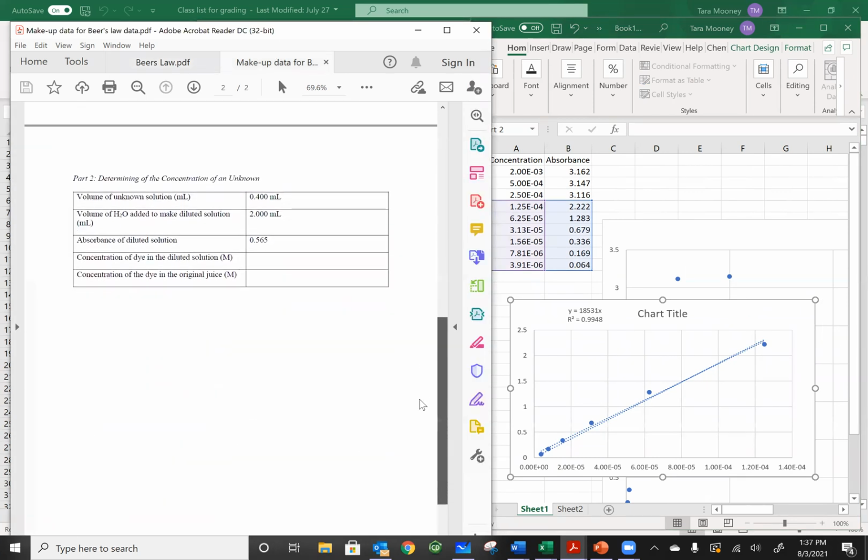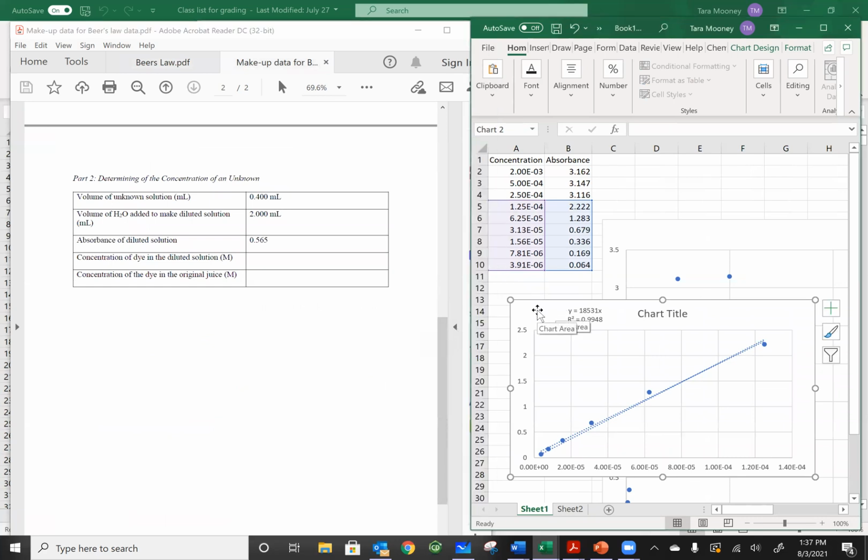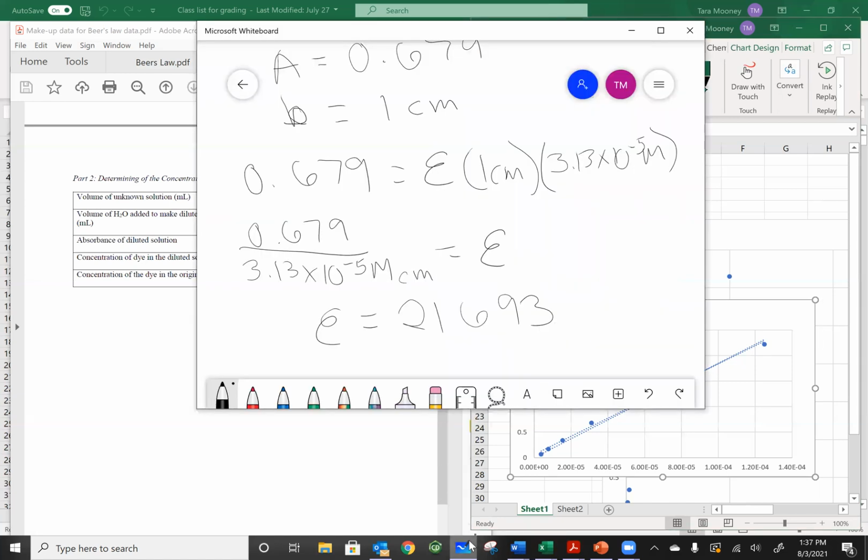So let's go down to part 2. So we used a volume of unknown solution and water to make a diluted solution. So we need to use Beer's law again.